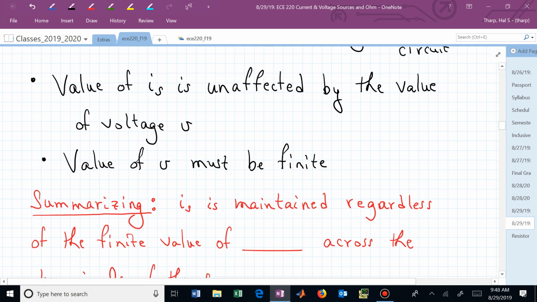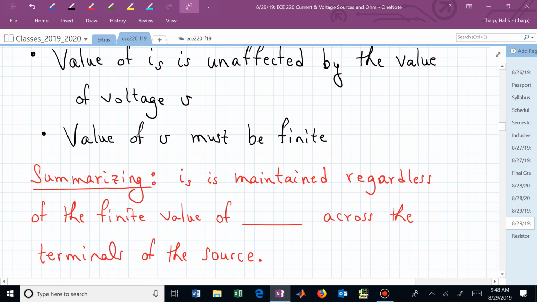If we try to summarize those bullets in one sentence, the current that's being delivered to our circuit by that ideal current source is maintained regardless of the finite value of what across the terminals of the source.